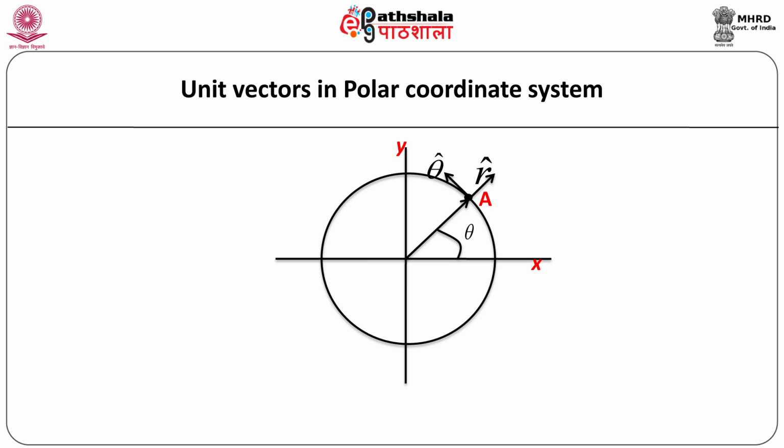In polar coordinate system, the vector r bar itself indicates the r axis, while the tangent to the circle of radius r at point A drawn in anticlockwise direction represents theta axis. The unit vectors along these axes are as shown.